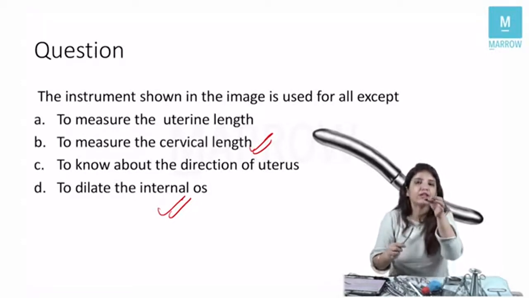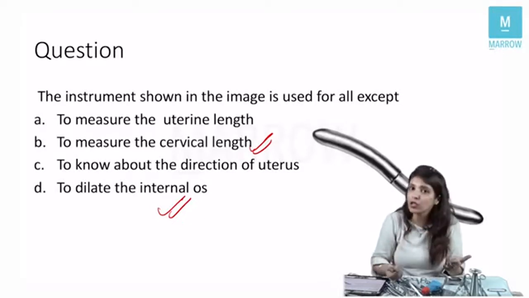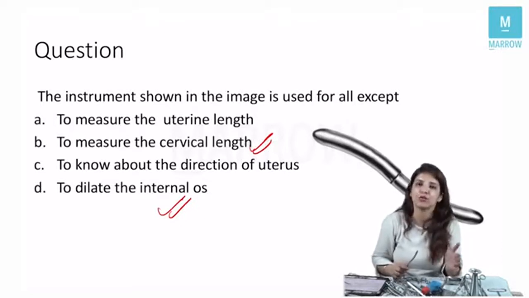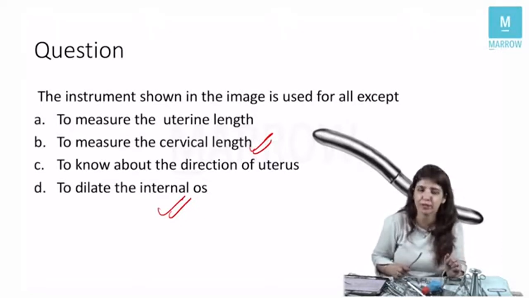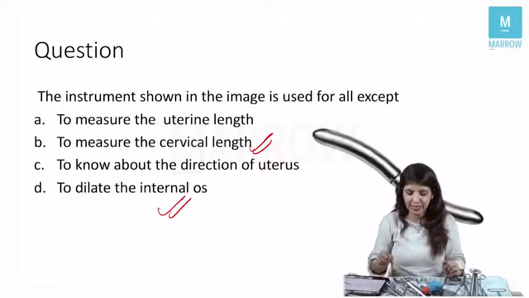But if the internal os is open, in that case, when you put a number 8 Hagar's dilator, the female is not going to resist, and you are going to come to know that yes, this female has cervical incompetence, right? So that was one more use of Hagar's dilator, right?